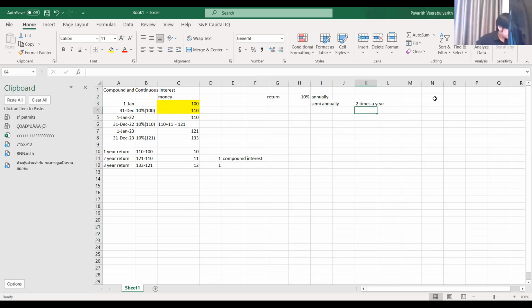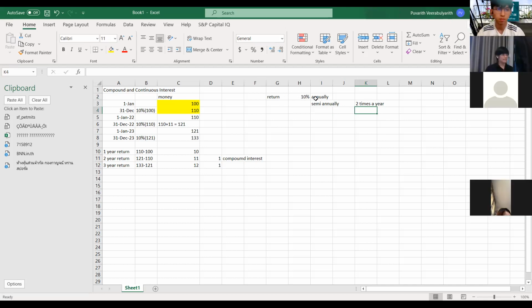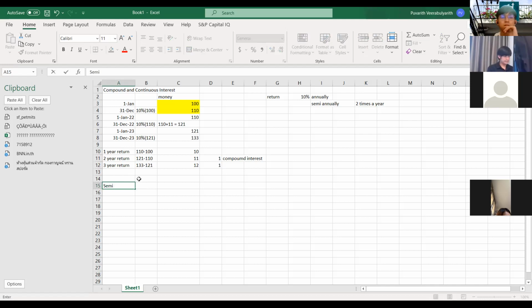Okay, I will show you another example. So assume that we get the same return as the previous example, which is 10%, but now you will get it semi-annually. So it doesn't mean that you will get 10% 2 times a year, but in fact this 10% will be divided into 2 times.